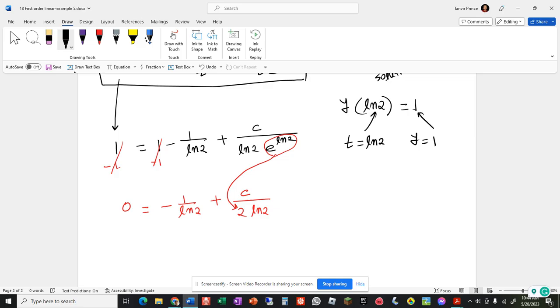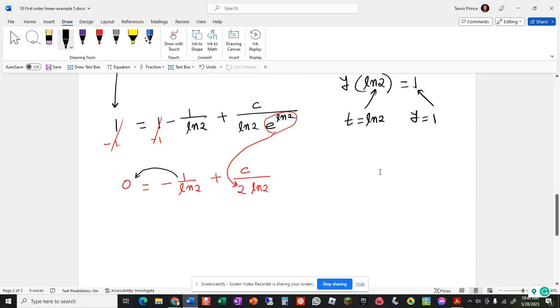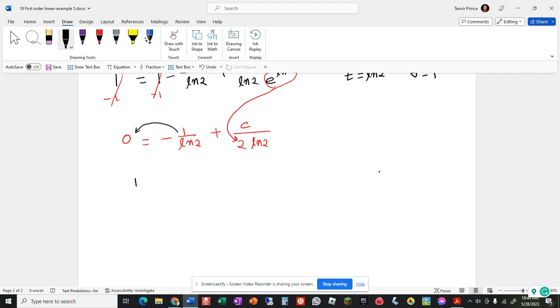Let's bring this to the other side. Multiply both sides by ln 2. Then I have some cancellation there.